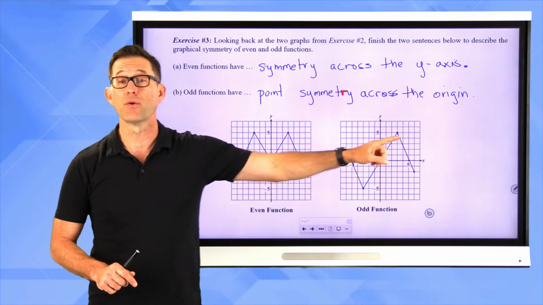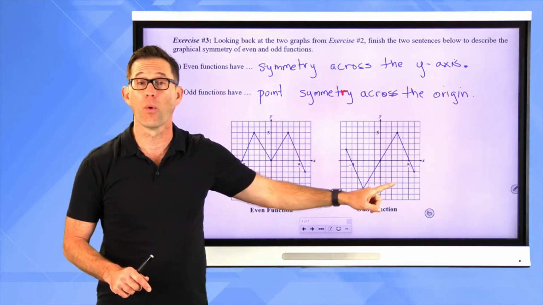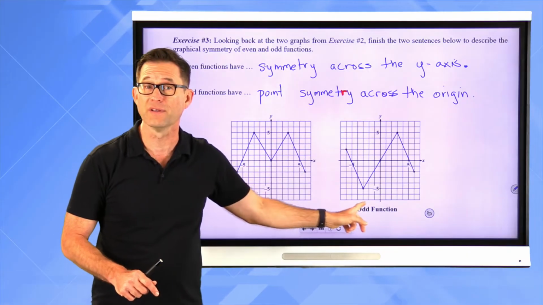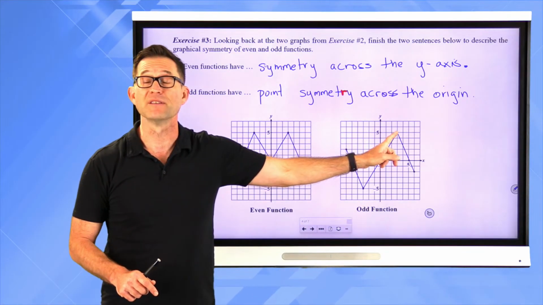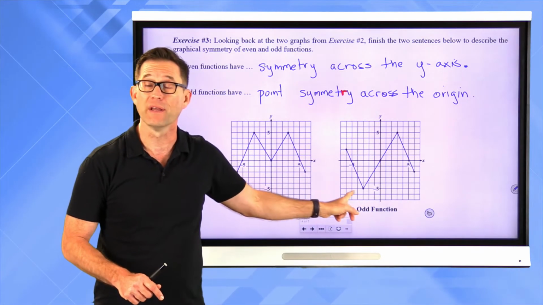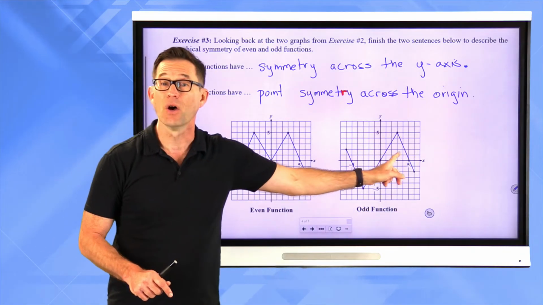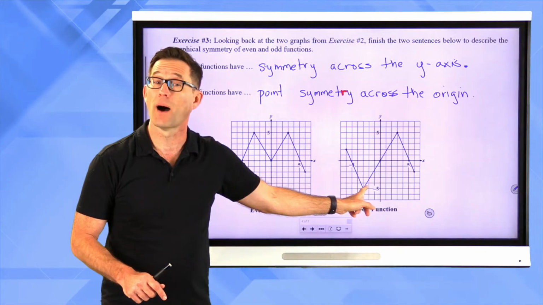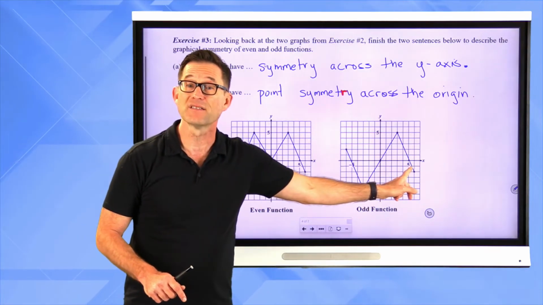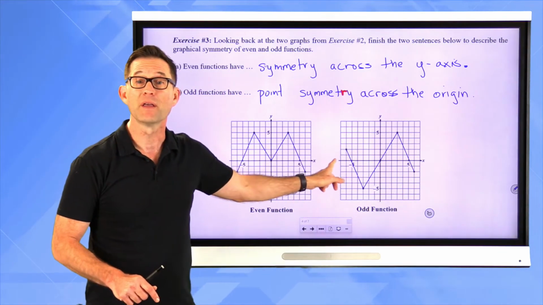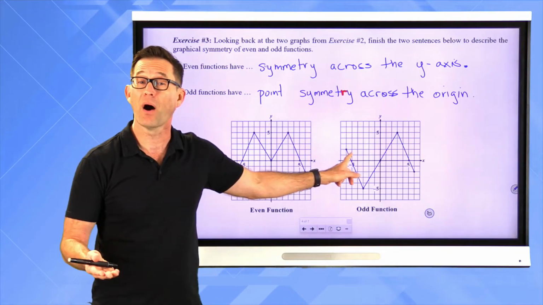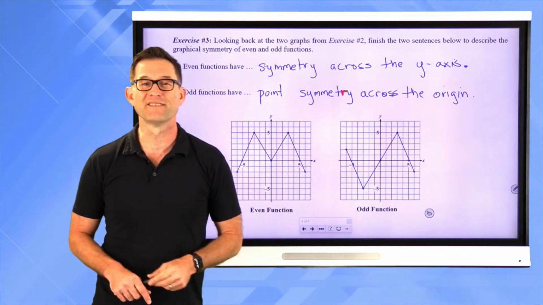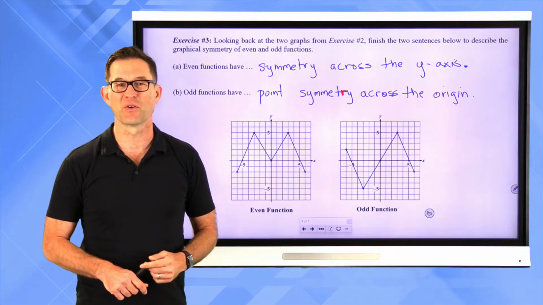On the other hand, when you reflect a point through the origin or rotate it 180 degrees about the origin, both the x and the y coordinates change their sign. So 3, 5 becomes -3, -5. And 6, -2 becomes -6, +2. Hopefully a little bit of this sounds familiar from your geometry course.